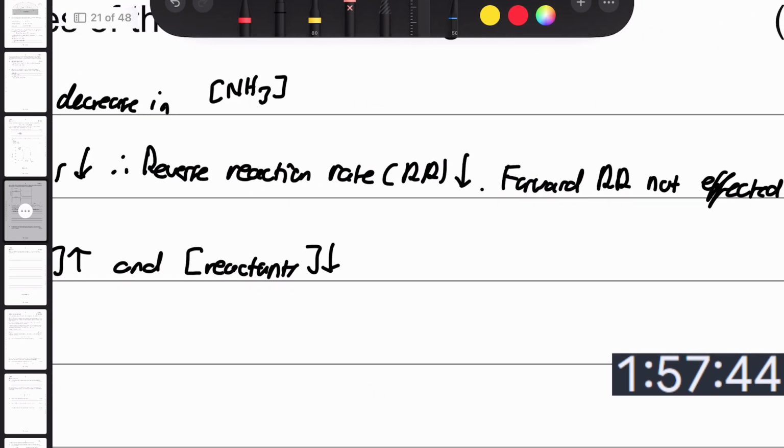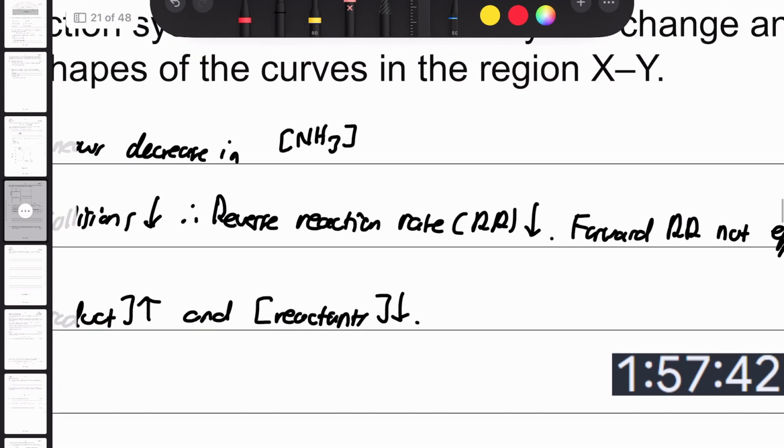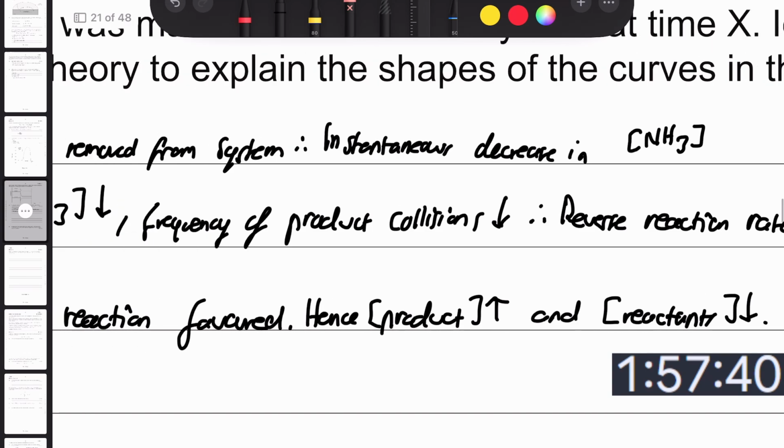Any gradients? Oh, I mean, I should say concentrations.